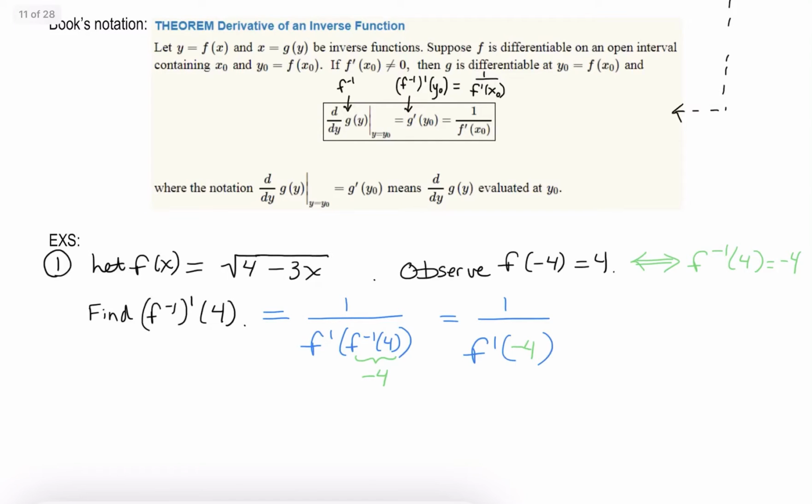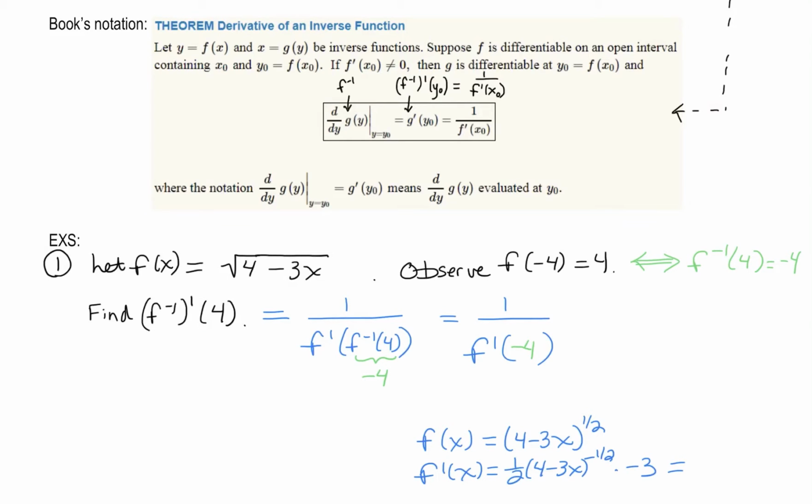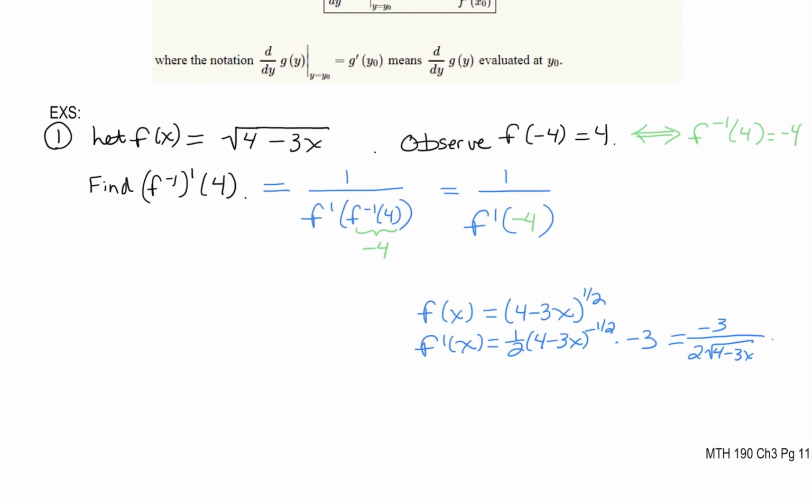Well, that's something I can actually compute because I know that f is equal to 4 minus 3x to the 1/2. So f prime is going to be 1/2 times 4 minus 3x to the 1/2 minus 1, negative 1/2, and then times the derivative of the inside, so times the negative 3, or negative 3 over 2 square root of 4 minus 3x, if we wanted to clean that up a little bit.